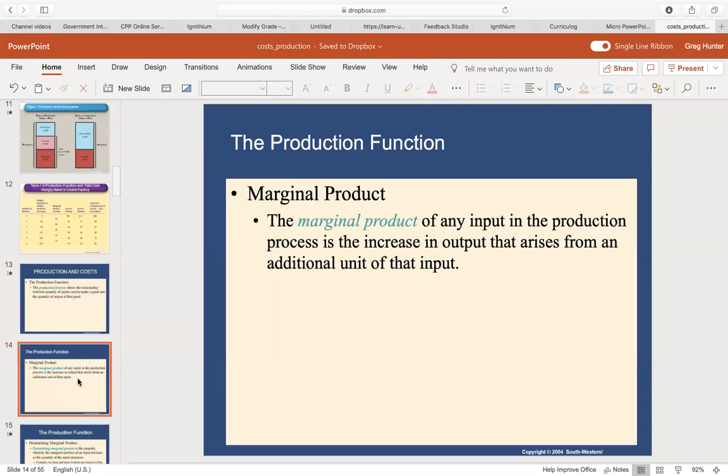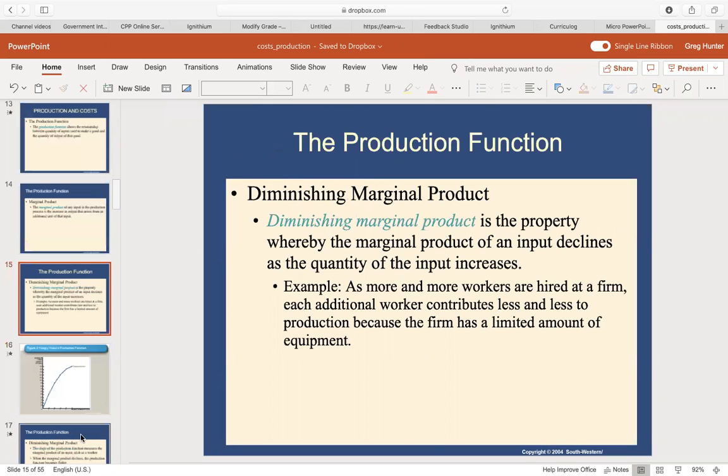And we'll do that really quickly. And again, we can use the production function to illustrate a couple of things. One of them is this general idea of diminishing marginal product. And diminishing marginal product is just the idea that each additional unit of an input tends to bring less and less output than the units before it.